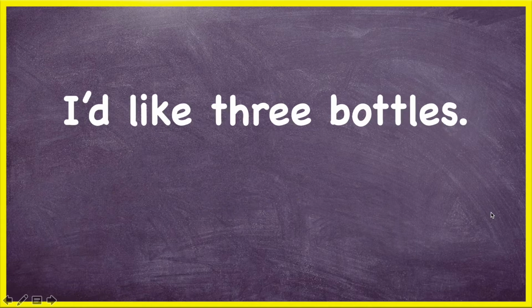Next one. I'd like 3 bottles. What's the word you would omit? It is bottles, right? So you say, I'd like 3. Remember, in context, if you're already talking about bottles, if you're in a shop full of many, many different things and you say, I'd like 3, they don't know 3 of what, right?